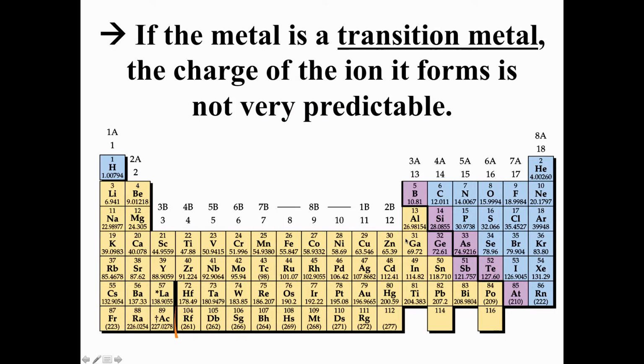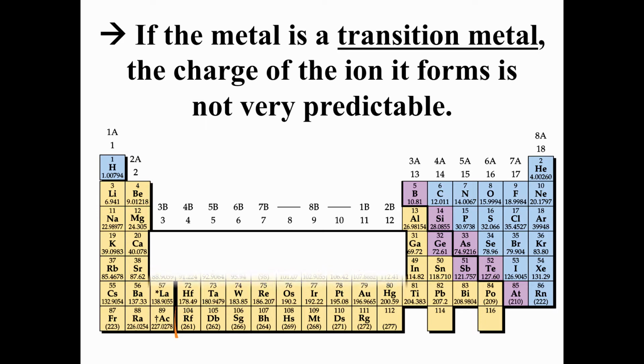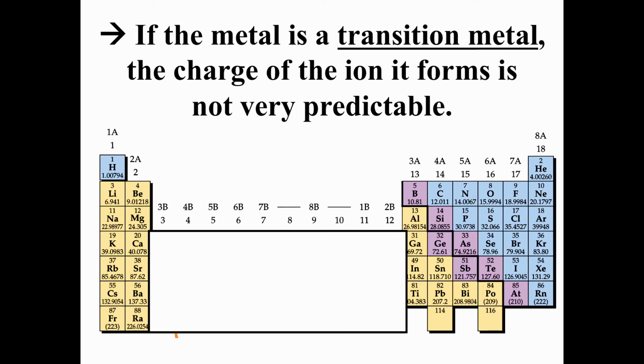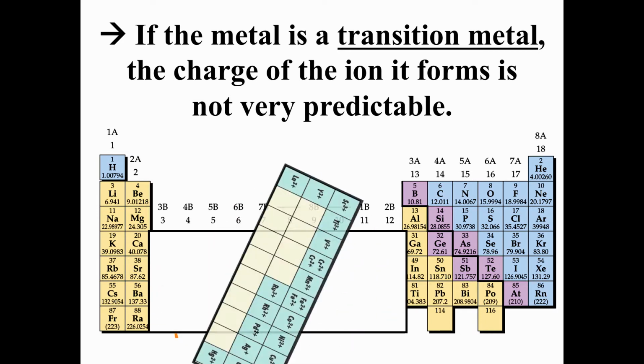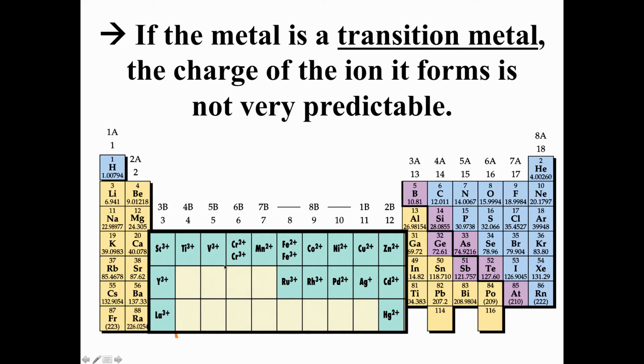Now that's all well and good if we're dealing with main group elements, but if we're dealing with transition metals, then we're in this part of the periodic table and the charge of the ion is not very predictable. We can presume it's going to be positively charged, but tough to say beyond that. In fact, this is just a partial listing of a few ions formed by transition metals, and you'll notice there's not a lot of rhyme and reason to where they are in the periodic table, other than of course they're all positively charged.